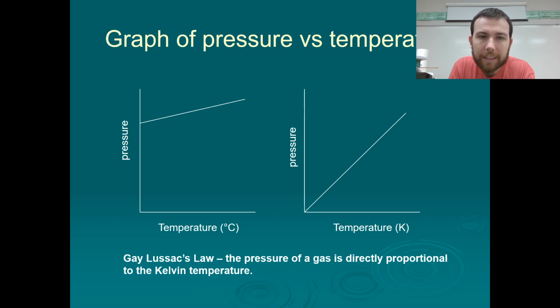So notice that, yeah, it does seem like the trend is that as pressure increases, temperature increases, but it doesn't seem that stark or that significant. But when you convert it and use that Kelvin temperature, you see very clearly we've got that linear relationship where pressure goes up, so does temperature, right? And so from these graphs, we're deducing that the pressure of a gas is directly proportional to the Kelvin temperature.